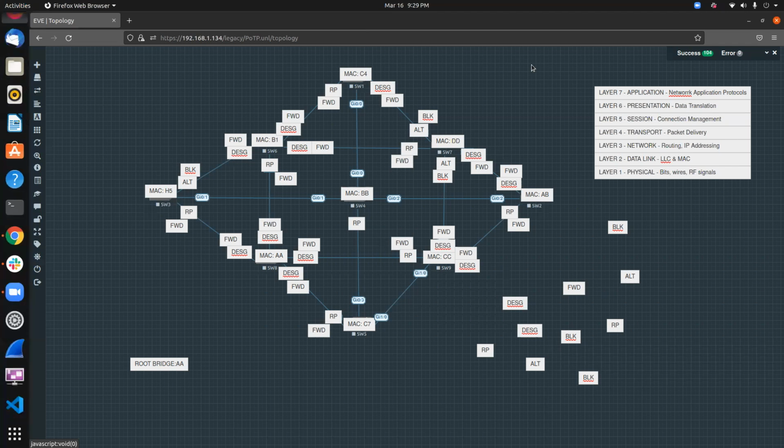I have to set my port states and roles for the segment of switches MAC C7, MAC BB, and MAC H5, which are switch 3, switch 4, and switch 5. Between them is switch 8. Am I going to ignore that, or include that in my calculation of cost?